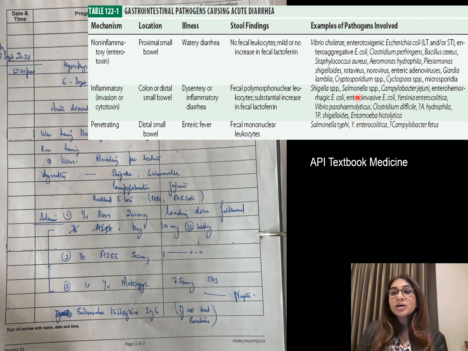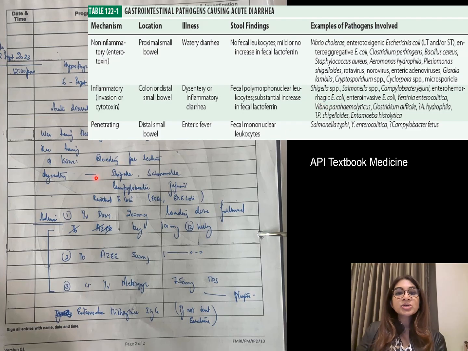The Salmonella species is usually the non-typhoidal Salmonella, resulting in the large bowel diarrhea. Now, there is also sometimes penetrating distal small bowel involvement in case of enteric fever with Salmonella typhi and Yersinia enterocolitica as well. So now this is a patient who is having large bowel diarrhea.